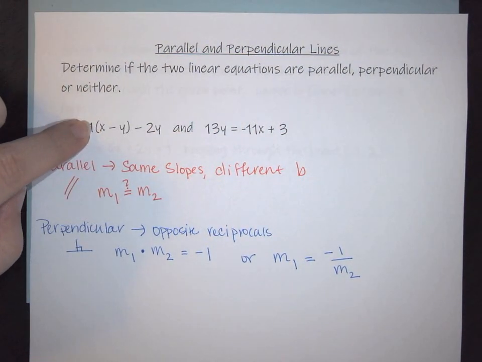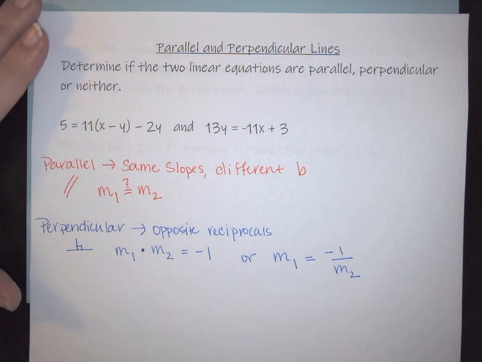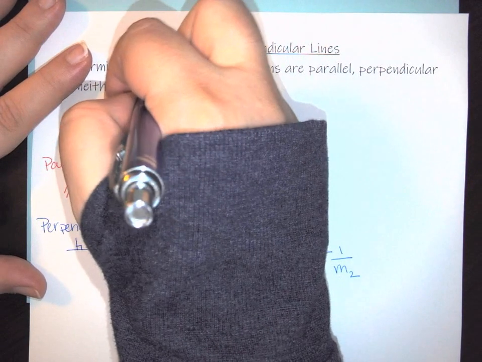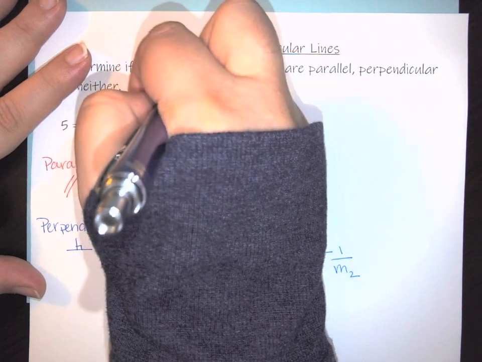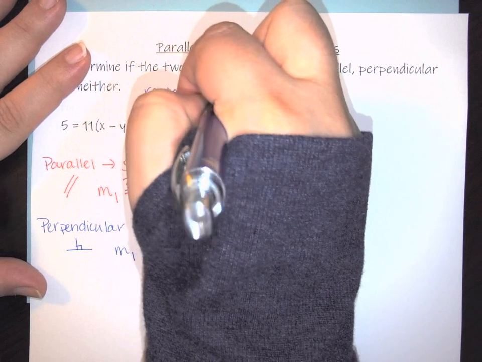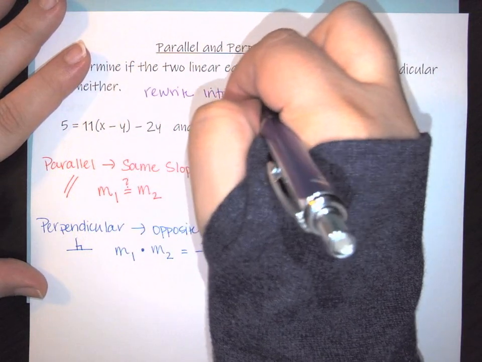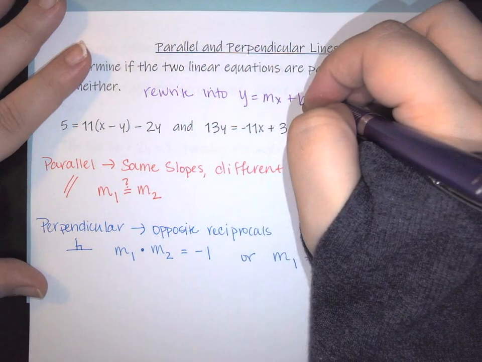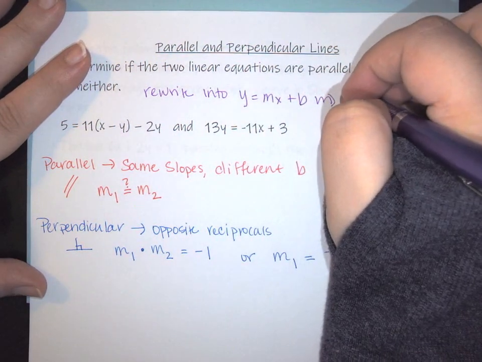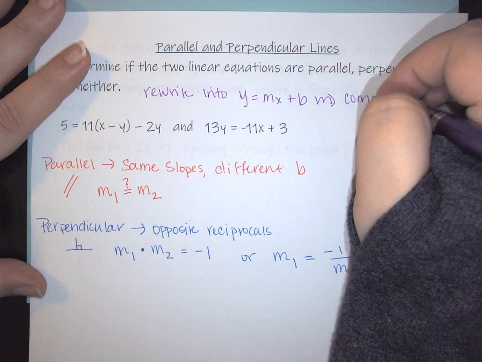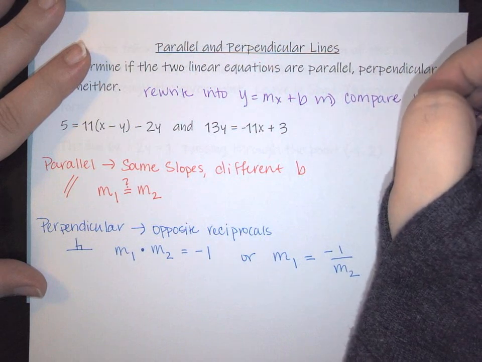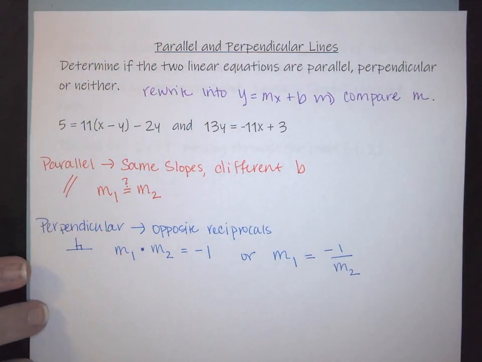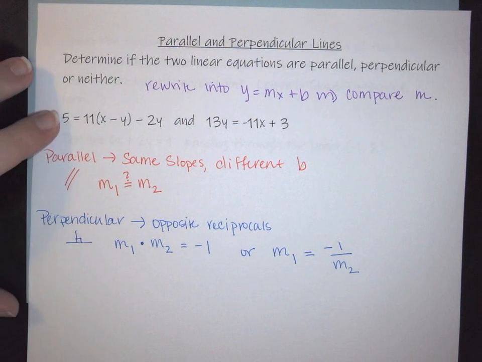So the easiest way to do that is going to be to rewrite into y equals mx plus b, because then from there you can simply compare the m terms. So we're going to go ahead and do that.